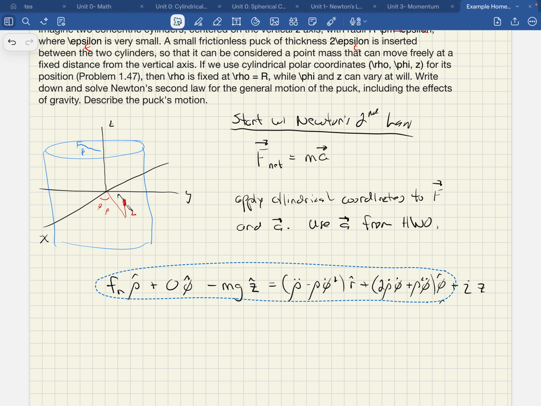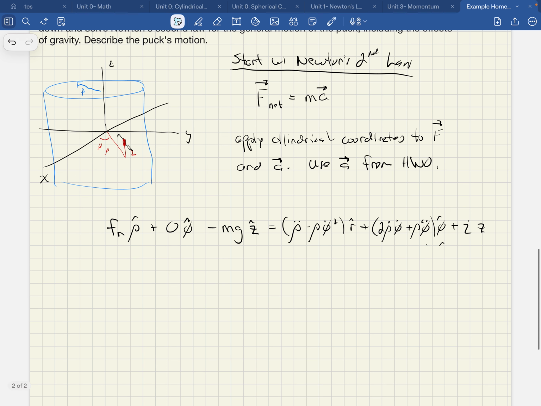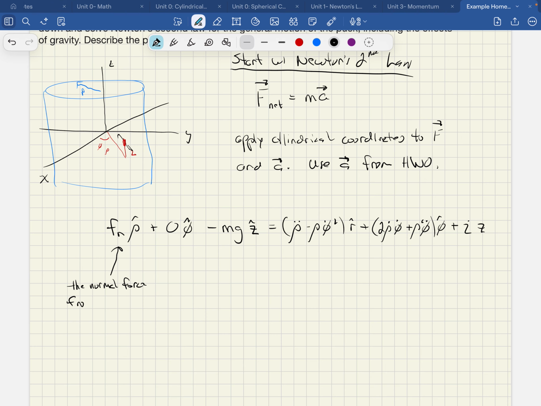Let's give myself a little bit more room, and let's explain these terms. So this is the normal force from the cylinder, no friction from the cylinder, and gravity.